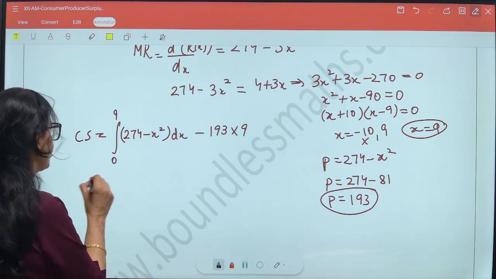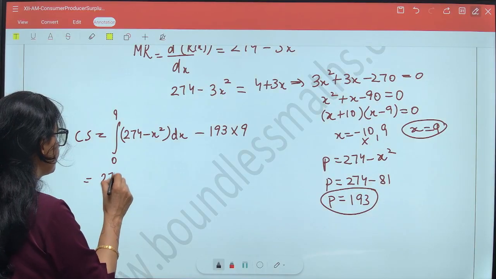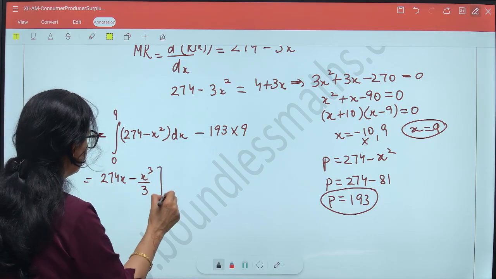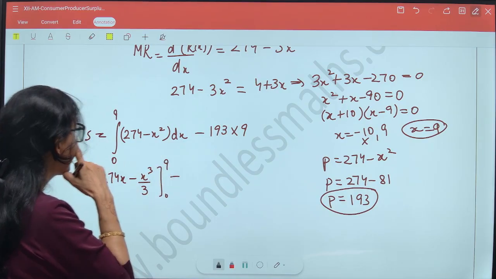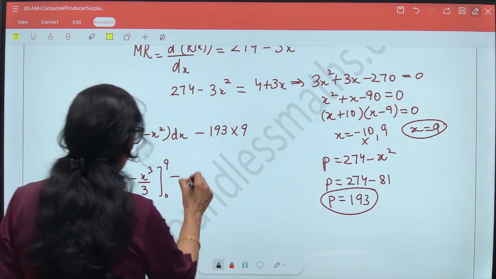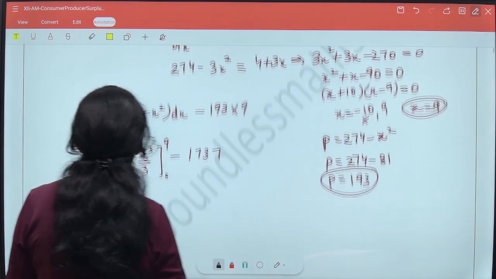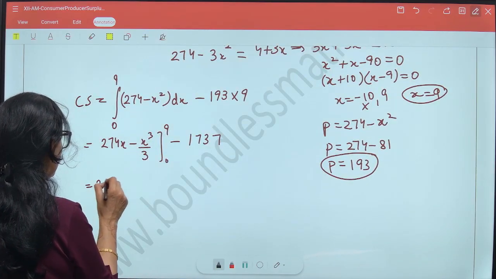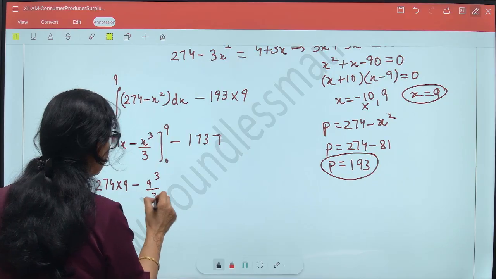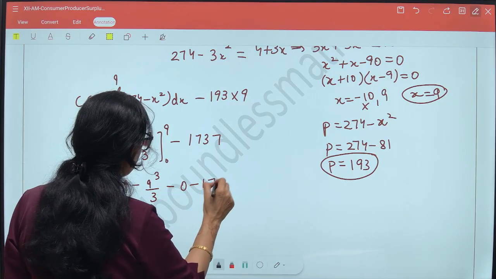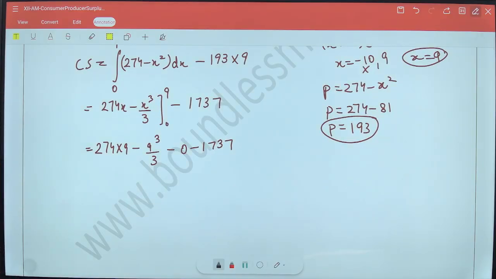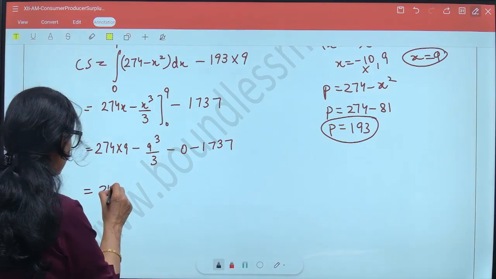So let's integrate this further. It becomes 274x minus x cube by 3, and the limits are 0 to 9, minus, how much is 193 into 9? It comes out to be 1737. So let's put in the upper and lower limits. 274 into 9 minus 9 cube by 3, minus 0, minus 1737. 274 into 9 is 2466.